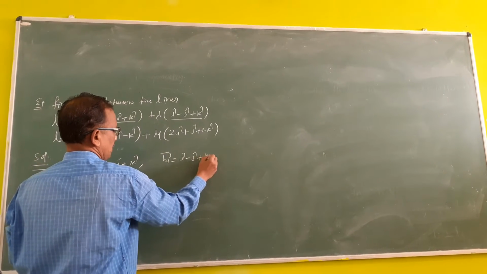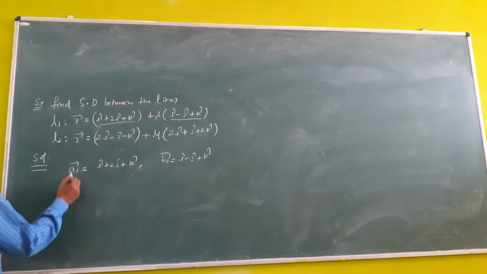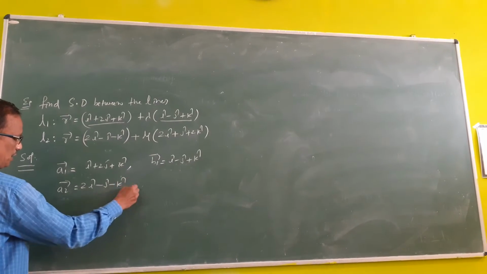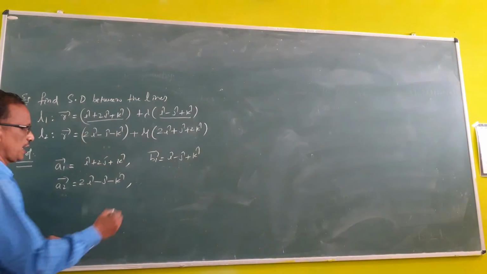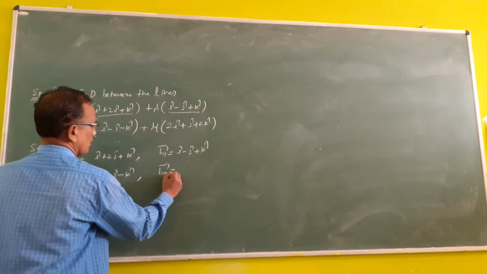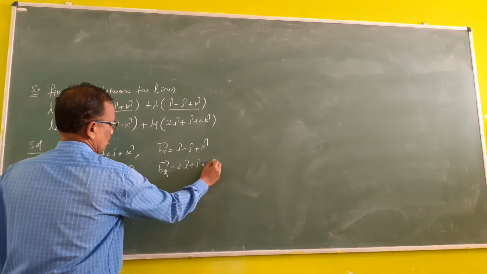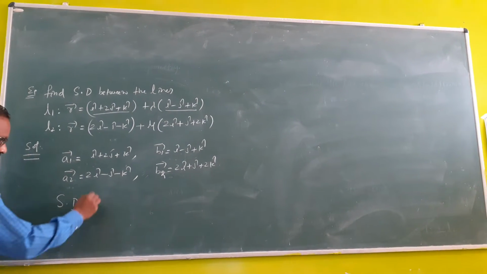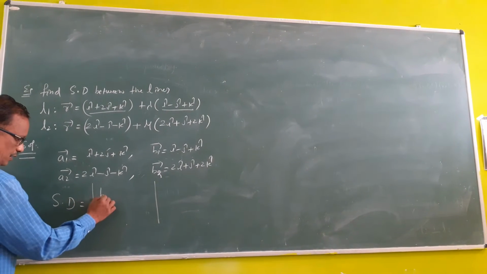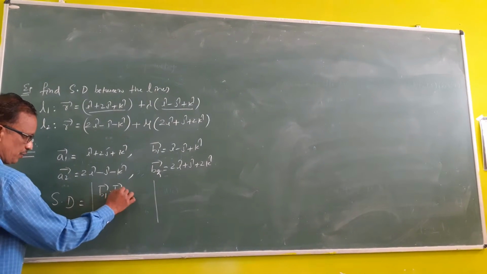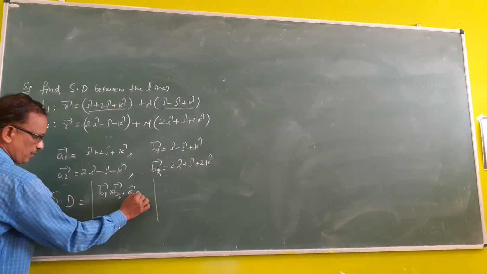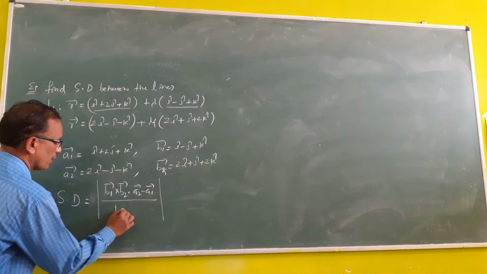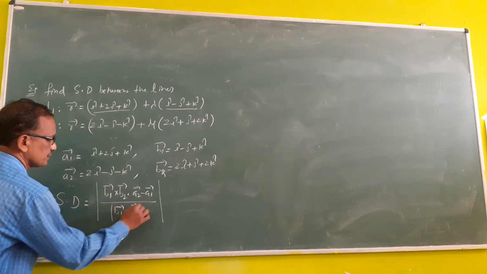The fixed point on the second line is 2i minus j plus k, and the parallel vector to the second line is 2i plus j plus 2k. So for the shortest distance, we have the formula: B1 bar cross B2 bar dot A2 bar minus A1 bar, divided by the magnitude of B1 bar cross B2 bar.